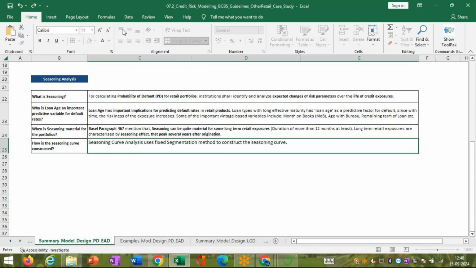Now the next question is, what is the fixed segmentation method?